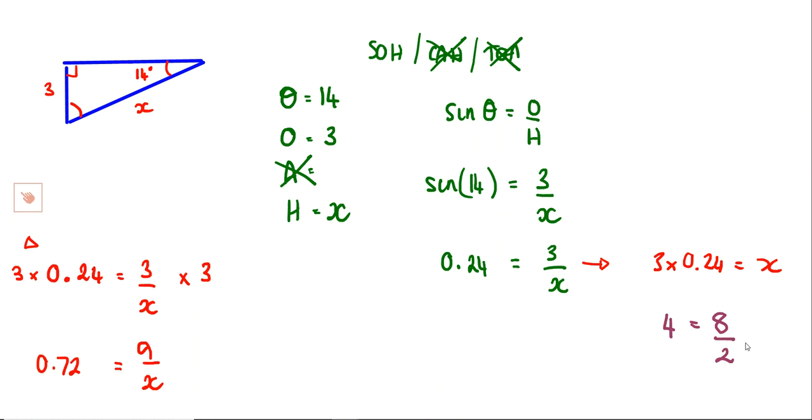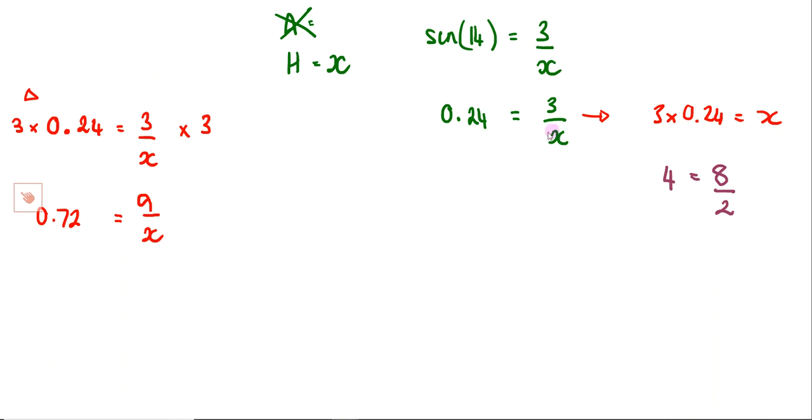Is that true? Yes. How would I write another statement where the x is involved? So I want to know what x equals. That's what we're looking for. But what would be an equivalent statement that I could make using 4, 8 and 2?